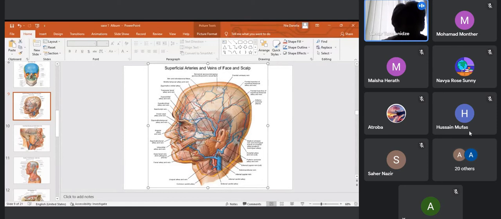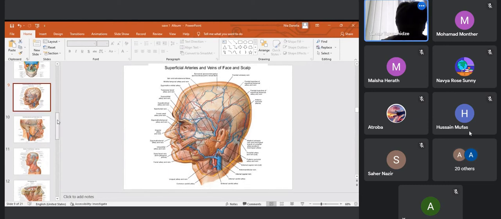The angular vein continues down to the facial vein, which drains blood from this part of the face, and when it leaves the face, it drains into the internal jugular vein.